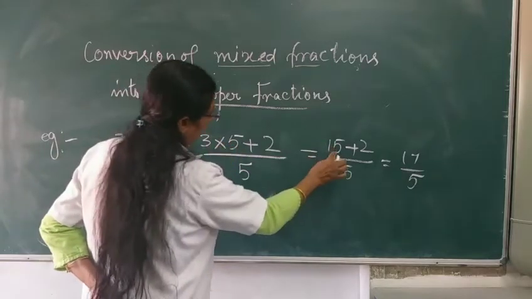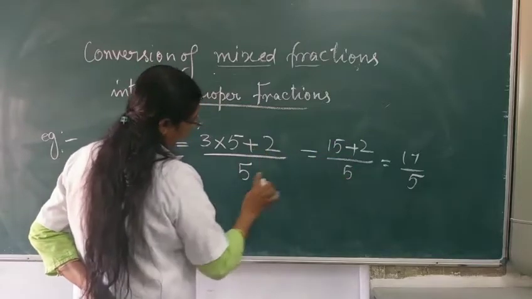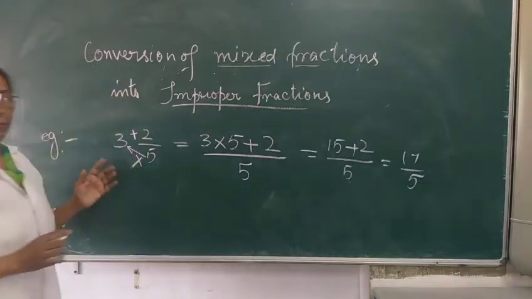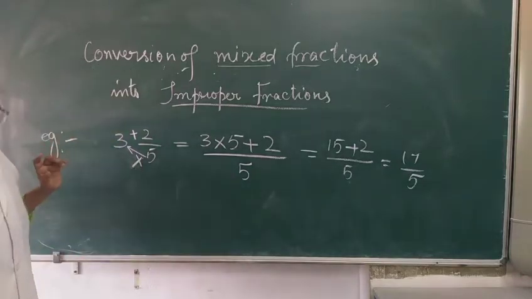Okay, 5 into 3, 15. 15 plus 2 by 5. 15 plus 2 is 17. 17 by 5 is the improper form of 3 2 by 5.